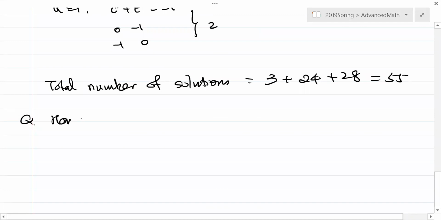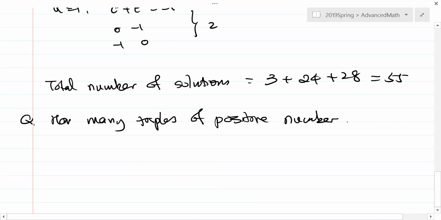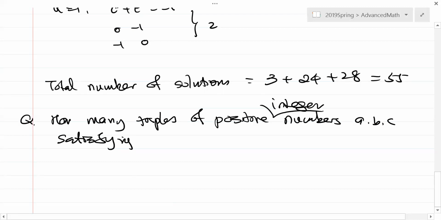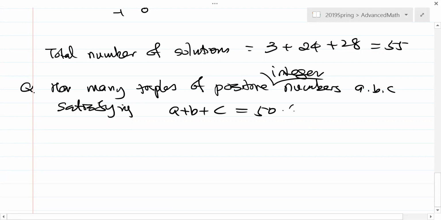How many tuples of positive integer numbers A, B, C satisfying A plus B plus C equals 50, for example, okay? So like this, how many triples A, B, C, right?